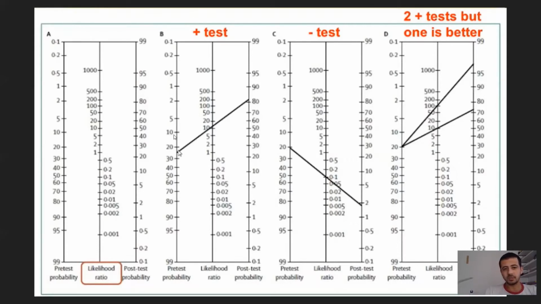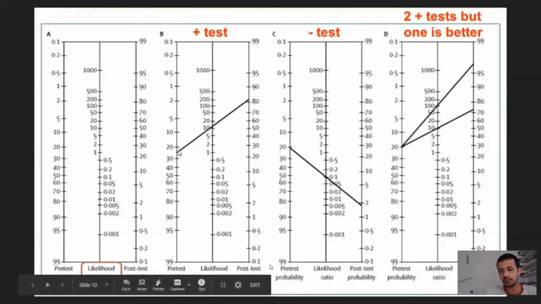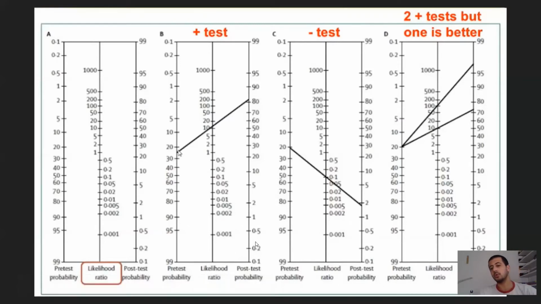So if I start from 10 and I end with 10, or if I start with 10 and end up with 20, if I get, for example, the 2 positive likelihood ratio, then that means nothing, okay? I need that test that takes me from here to 99% or 95%. I need those higher levels, or those lower levels where I can go to less than 1% probability.